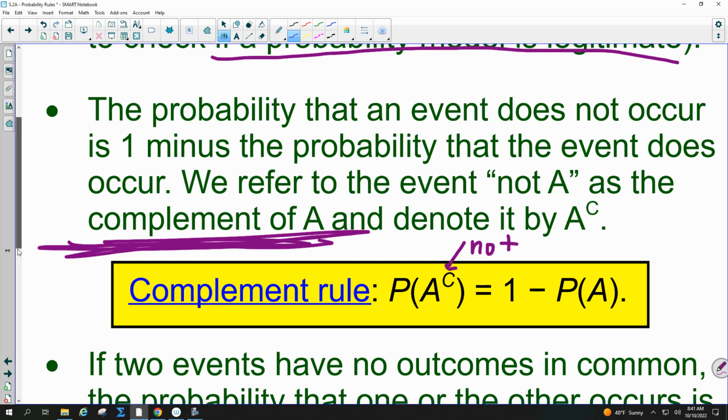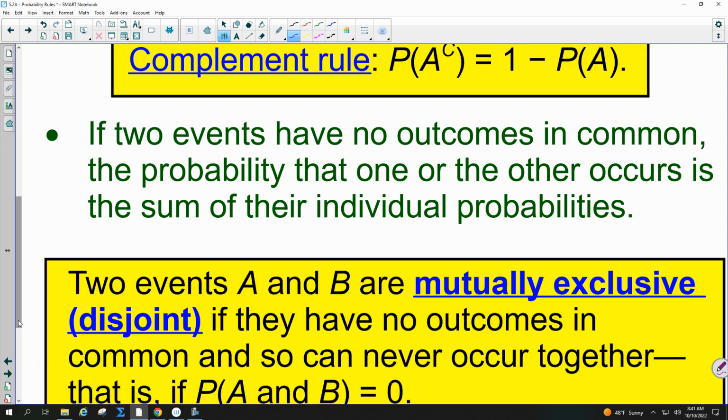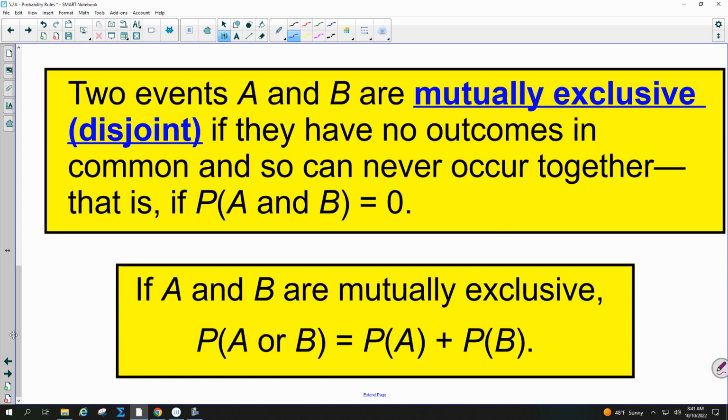Okay, if two events have no outcomes in common, the probability that one or the other occurs is the sum of their individual probabilities. So again, the or means add, but you are only allowed to add when the events are mutually exclusive. This is really important. I would write down mutually exclusive, okay? This is like a big concept for this chapter.